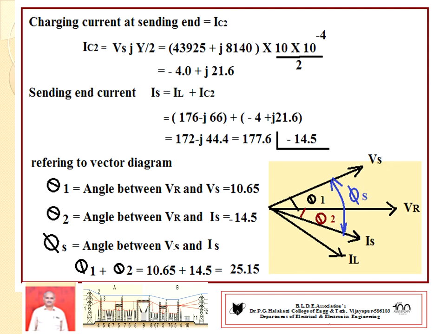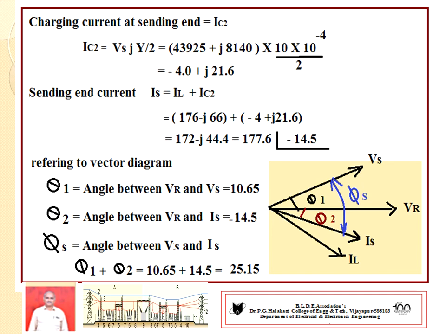Okay, all of you. After knowing IC2, come for the sending end current. Is equal to IL plus IC2, vector sum. So we are getting the sending end current with magnitude of 177.6 at minus 14.5.